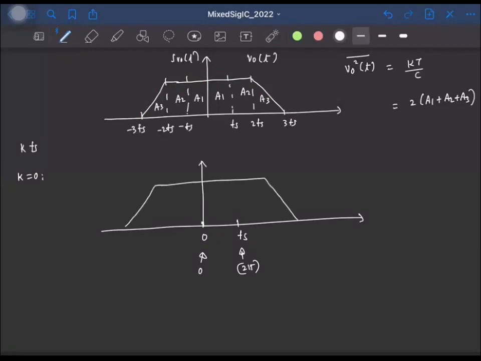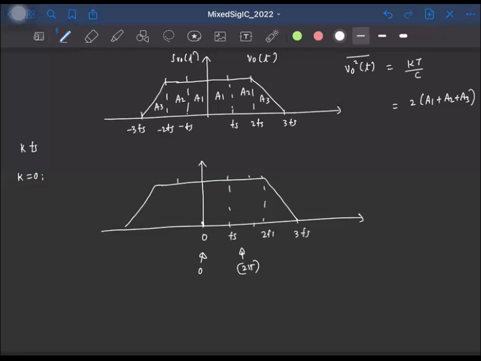Okay. So let me push Fs here. This is Fs. This is 2Fs.